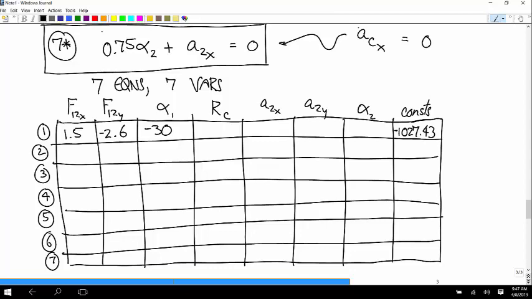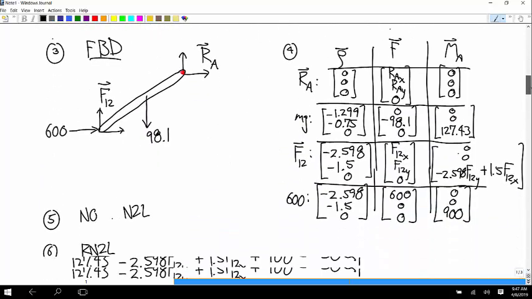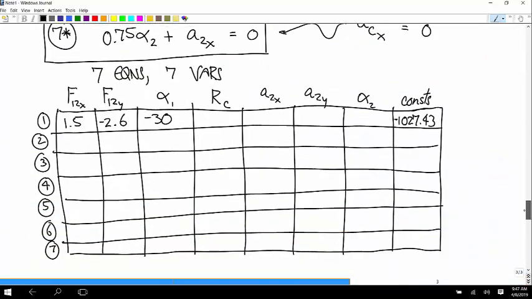Negative. Oh, there's so many numbers. Yeah, negative. Okay. Equation 2. Okay. And then negative 1 f12y, negative 10 a2y. Okay. 4. 1.299.